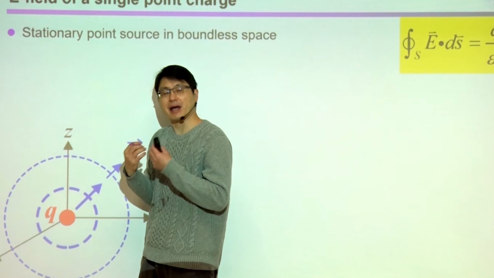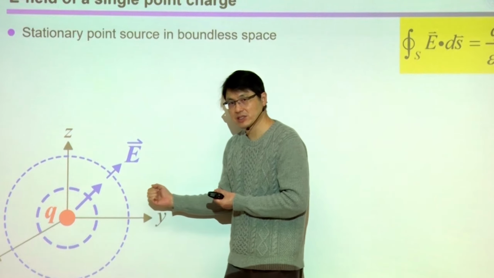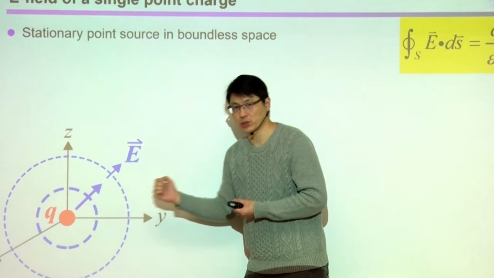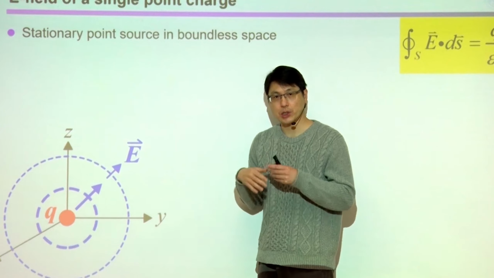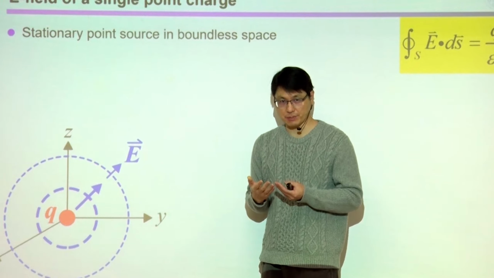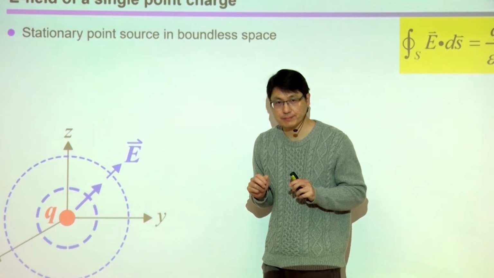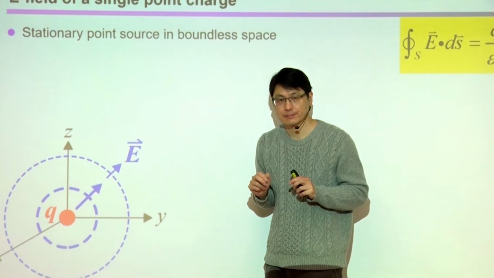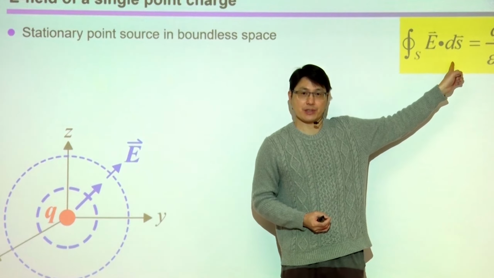So basically, I'm asking, when I change my distance to the charge, how is the field intensity going to change? I want to know the relationship of the field strength, its magnitude. So how does that relate to this equation?